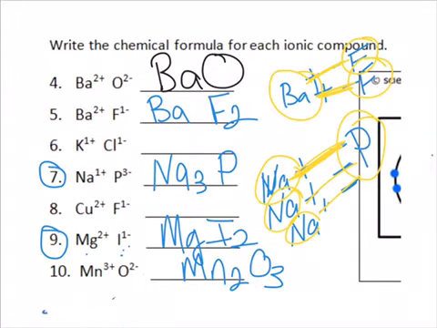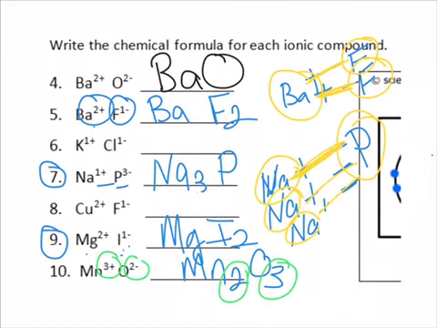Look what happened here in number 5. 2, 1. In our formula, we ended up with 1, 2. The numbers that we're looking at, they reverse. 2, 1 gives us 1, 2. In number 10, 3, 2 gives us 2, 3. The numbers that you're looking at reverse.